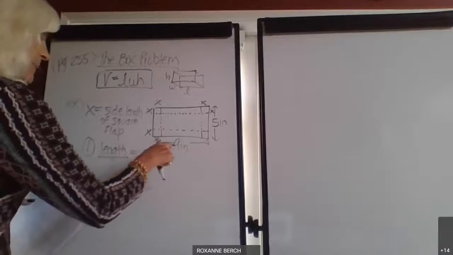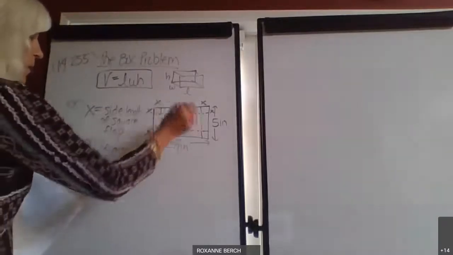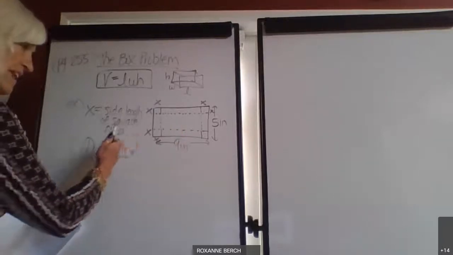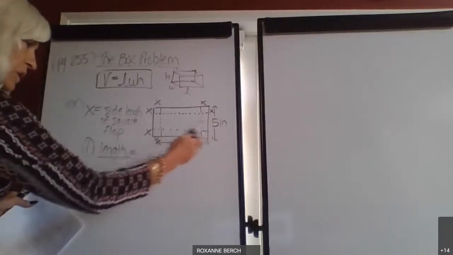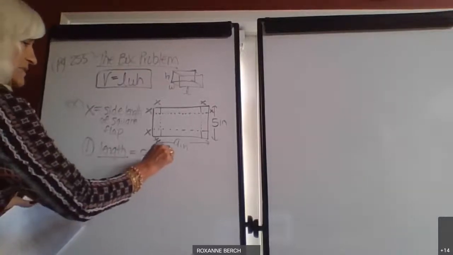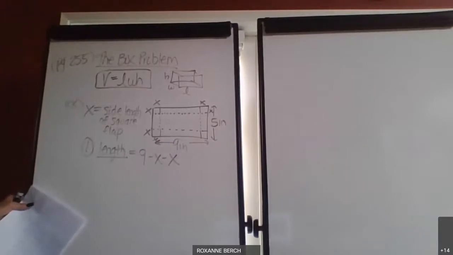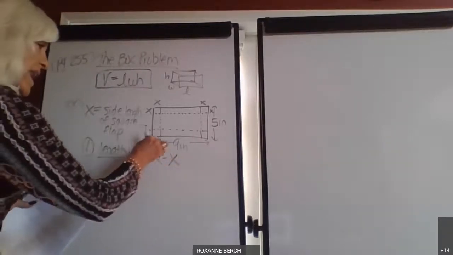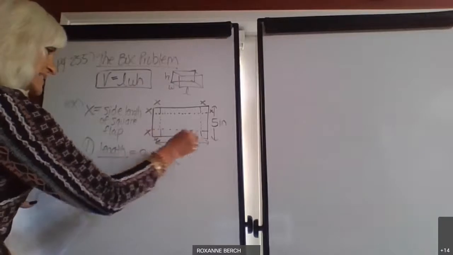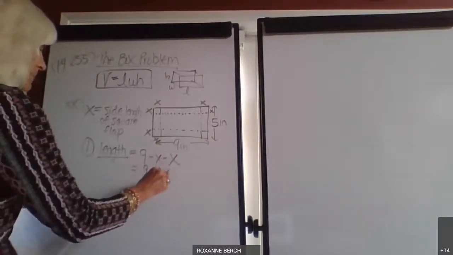So how do we represent the length in terms of x? Well, if the length is 9 inches, couldn't you represent the length as 9 minus x minus x? Because wouldn't the length be 9 minus that distance and that distance? So the length would be 9 minus 2x.